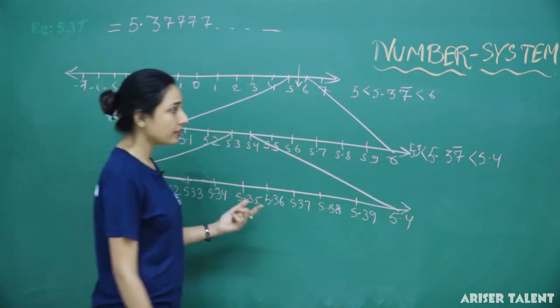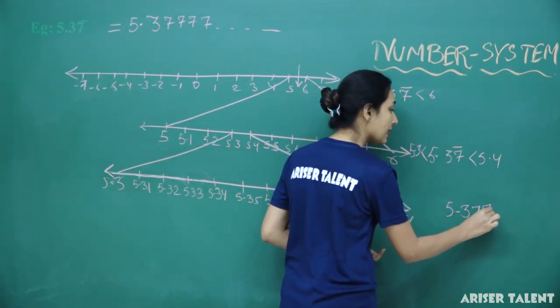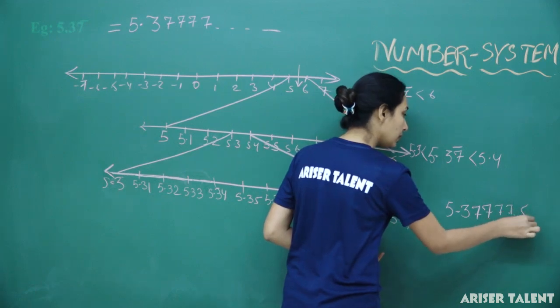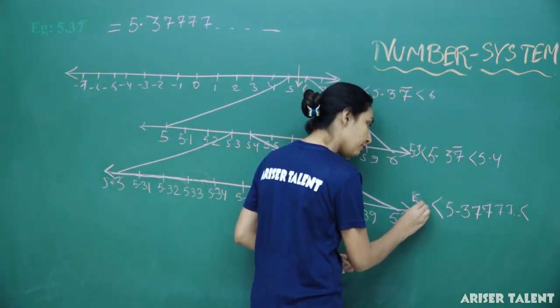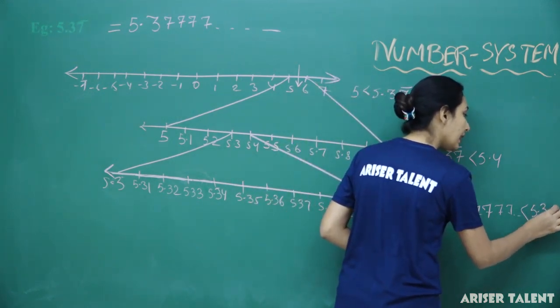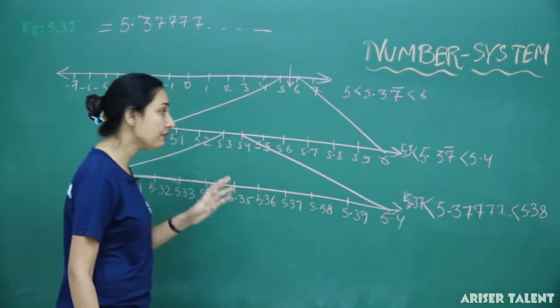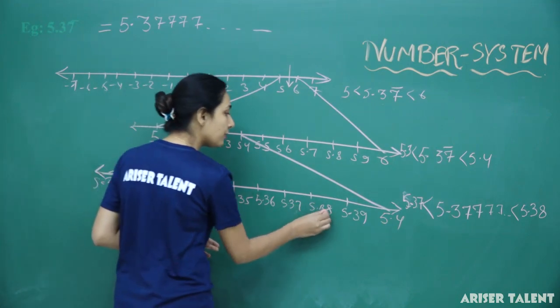Now the number 5.377 and so on will lie somewhere between 5.37 and 5.38. So 5.37 here and 5.38 is here.